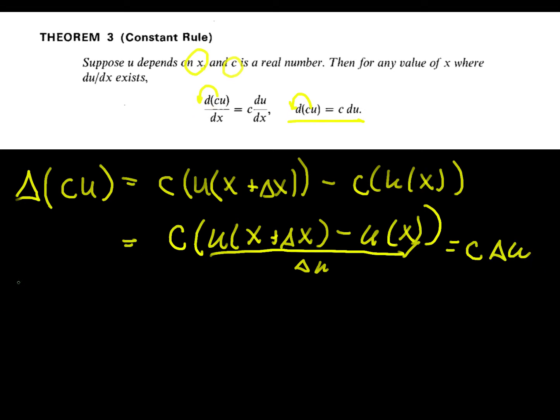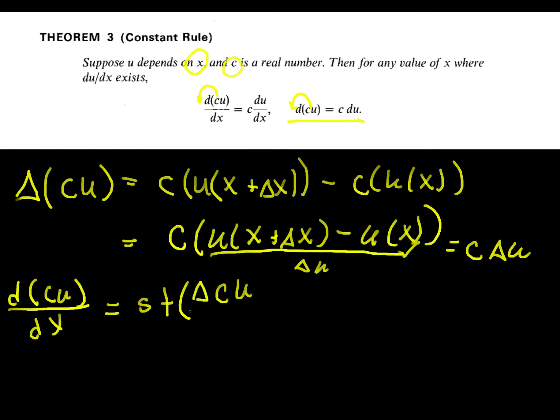So then the derivative of cu with respect to x, by definition, is the standard part of the change in cu with respect to the change in x, which from our algebra up here is equal to the standard part of a constant times change in u over change in x.